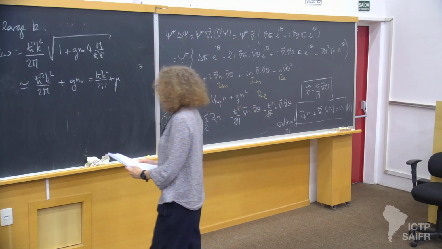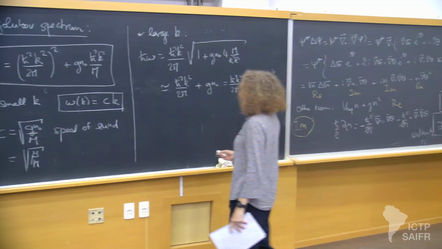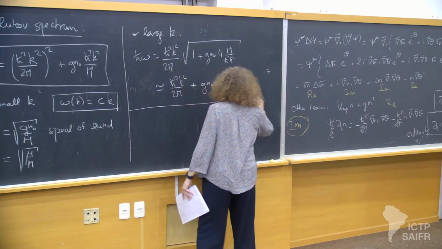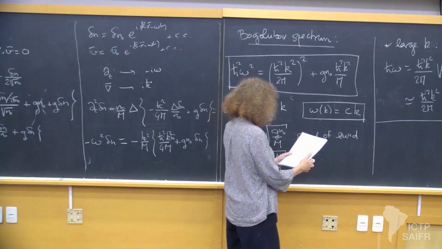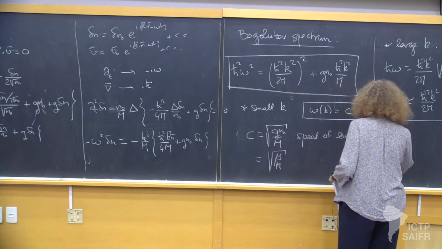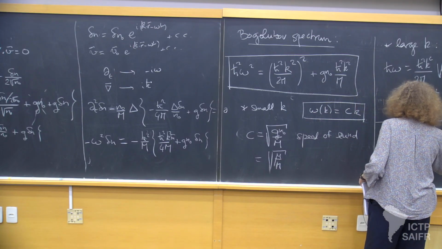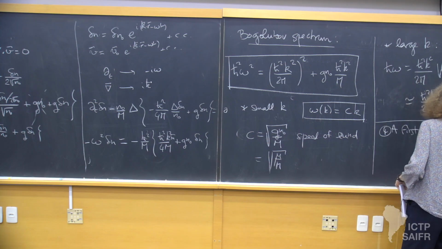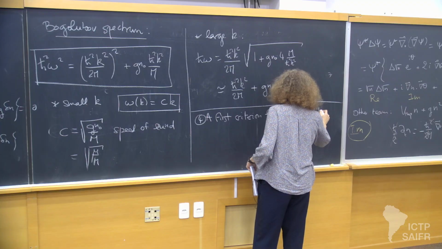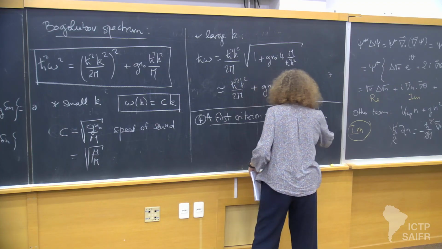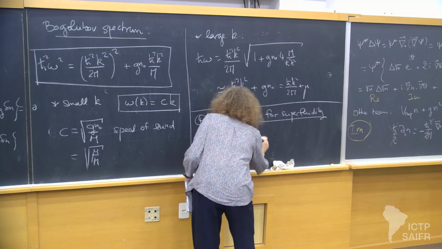Okay, and something I would like to show you before showing the slides is the consequence of having this linear dispersion relation at small momenta. And this is a first criterion for superfluidity. The existence of a critical velocity.